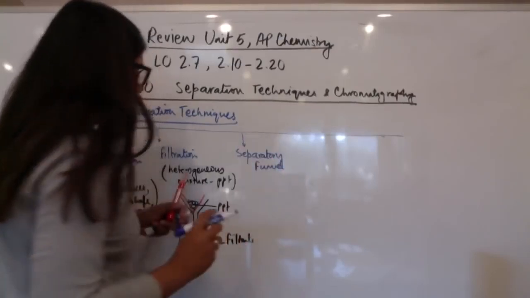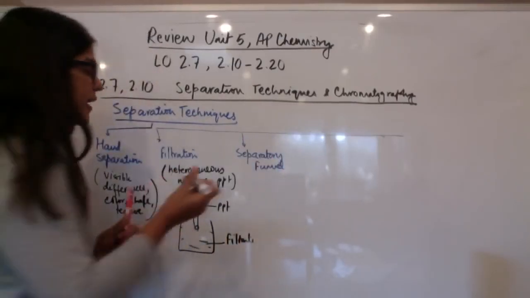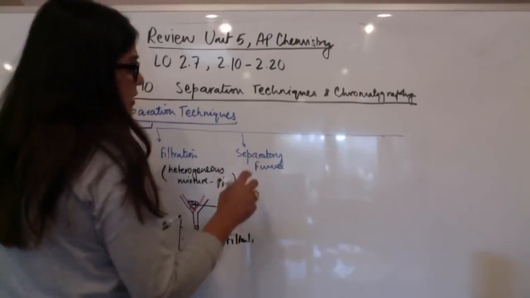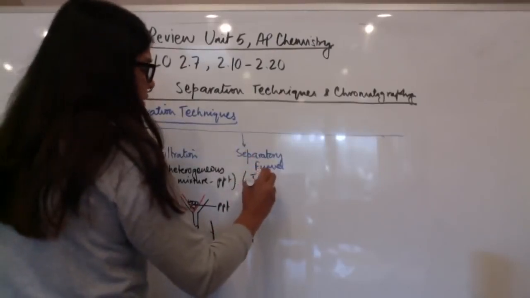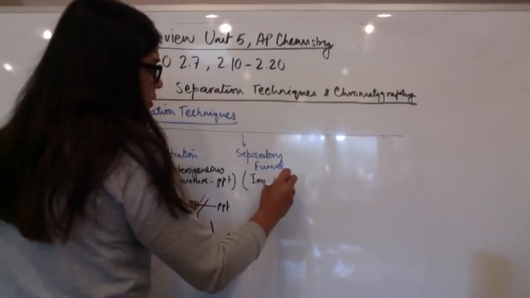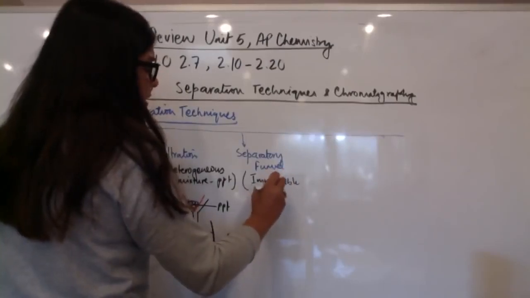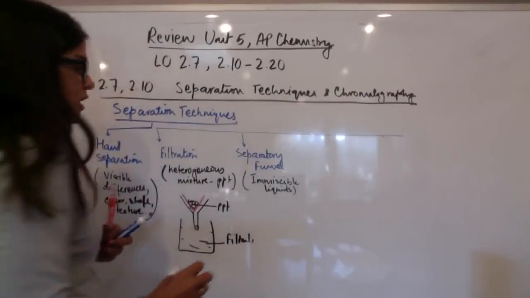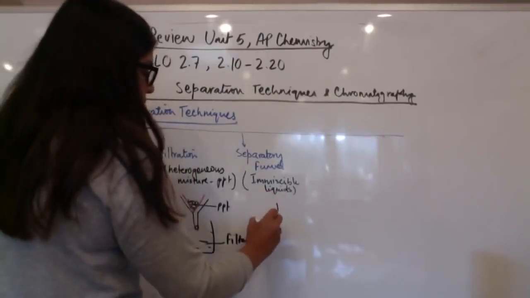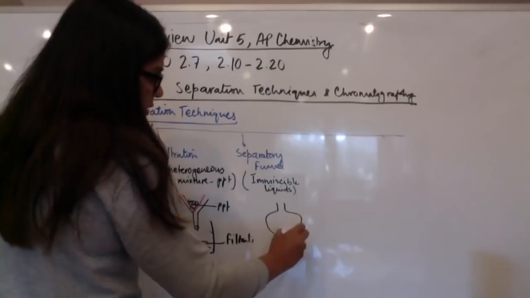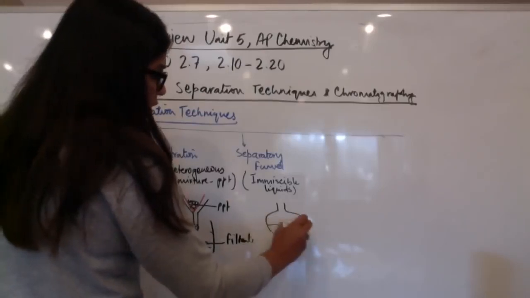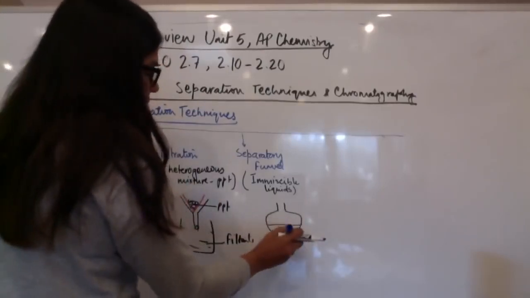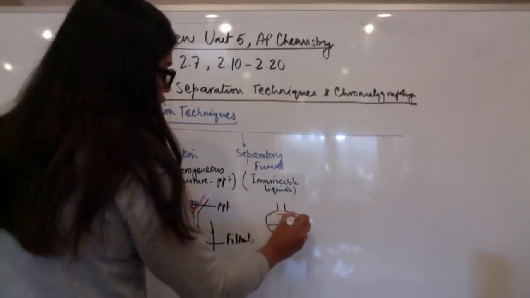You saw the use of this in the quick cake relief lab. A separatory funnel is used for separating immiscible liquids. And this is a fancy term for liquids that do not mix with each other. So a separatory funnel is a funnel, and you put the two immiscible liquids in there, one and then two.